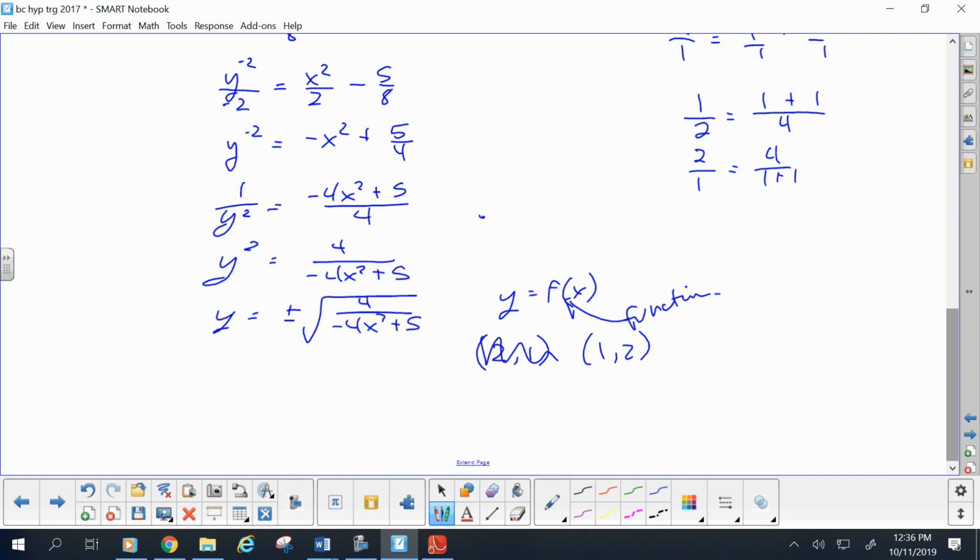Positive or negative, to get a positive 2? I need to choose the positive side. So y is the positive square root of 4 over negative 4x squared plus 5. I must have dealt with the constants a little differently in the first one, but either way, you're good. You with me? Yeah. Okay.